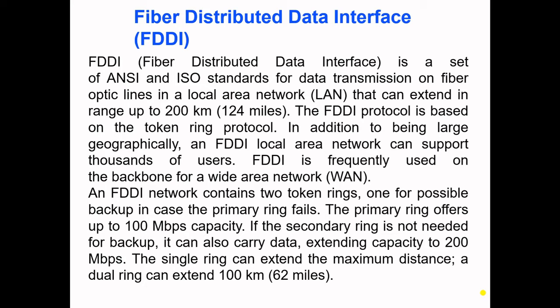ANSI is American National Standard Institute, and ISO means International Standard Organization. These both organizations developed a standard for data transmission on fiber optic lines, especially for local area network, and the range of this network can extend up to 200 kilometers.